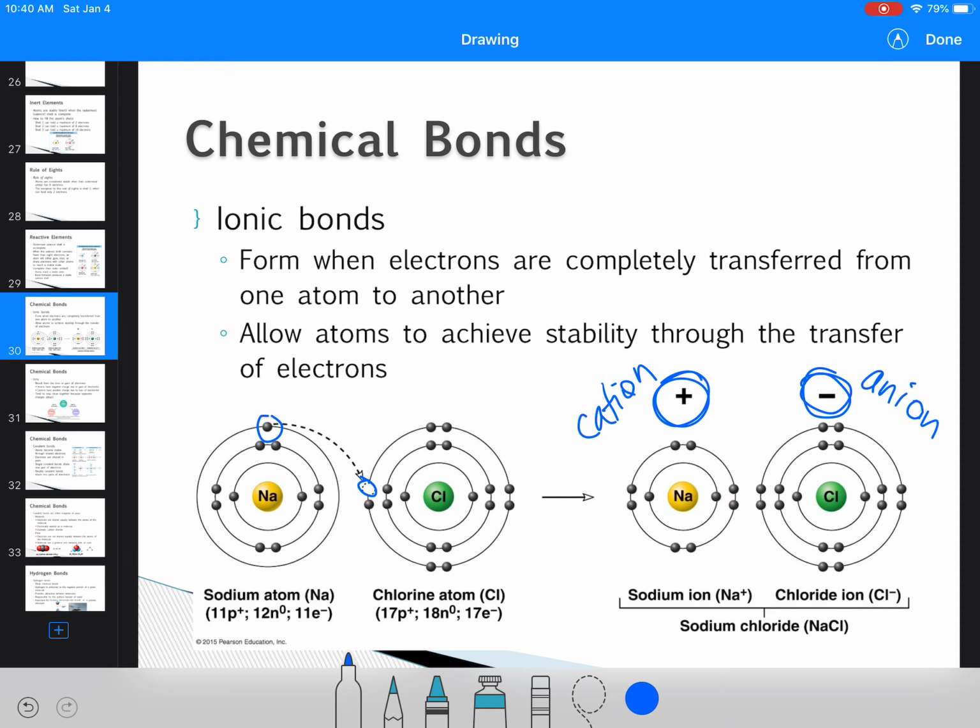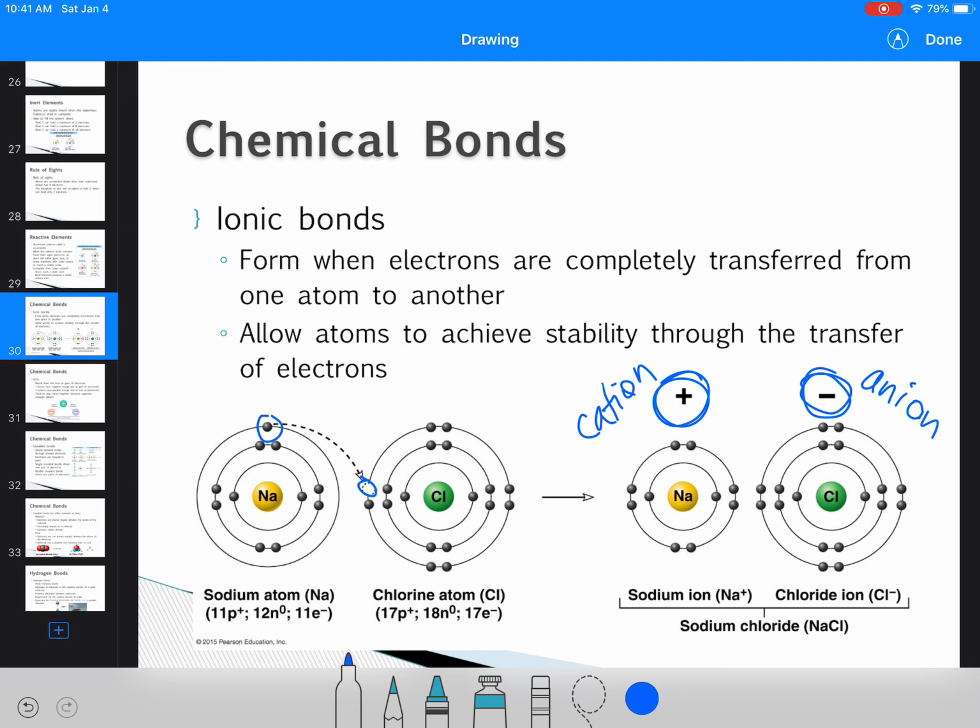And since these two ions have opposite charges, what do we know about opposites? They attract, right? So this positively charged ion and negatively charged ion, when they're together in a solution, are going to be attracted to one another because they have opposite charges. We know opposites attract, right? And so in a solution, they're going to hang out with one another and form this ionic bond, okay?